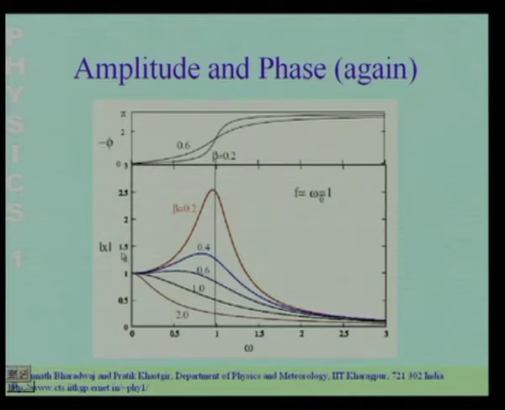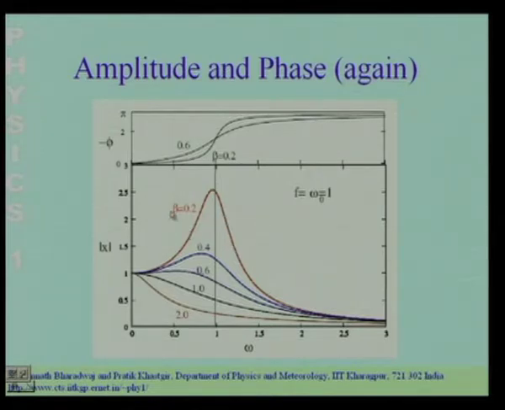This shows you the amplitude of the oscillations as you vary the frequency of the driving force. The resonance occurs when the frequency of the driving force is equal to the natural frequency of the oscillator, which is omega naught equal to 1. At 1 the resonance occurs, and if there was no damping, you would have infinitely large oscillations here, but damping ensures that the oscillations are finite.